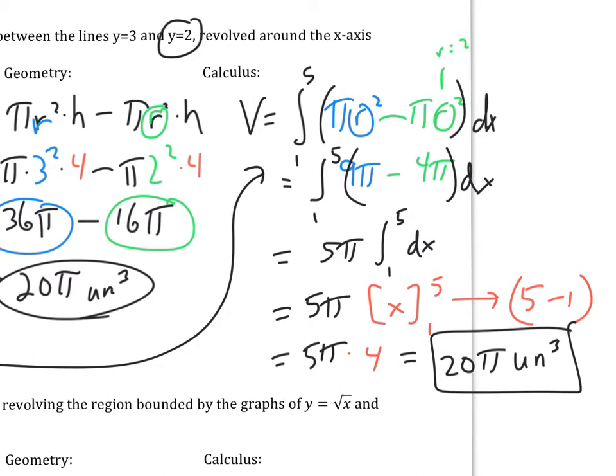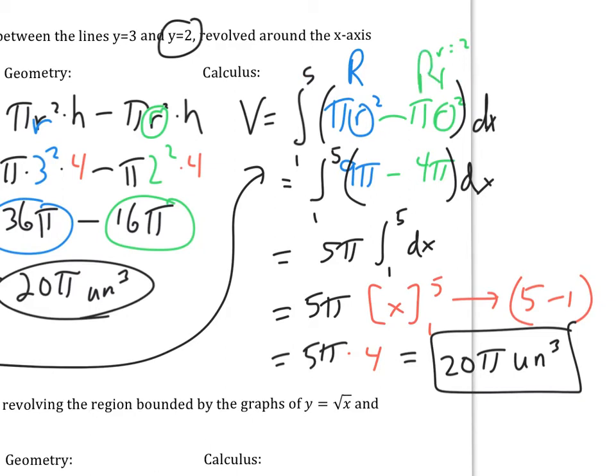Okay, what I want you to focus on is this part right here, the setup of my integral, because I basically did pi times big radius squared minus pi times little radius squared, where I used blue and green to represent my two radii.